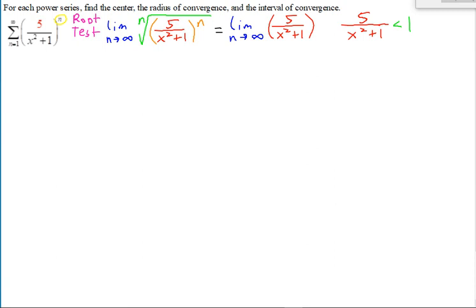So what we can do to solve this is first get rid of the fractions, multiply both sides of the inequality by the denominator x squared plus 1. So then we'll just be left with 5 is less than x squared plus 1. And then rather than subtracting 1 and taking the square root of both sides, that doesn't work as well solving inequalities because of the plus or minus sign.